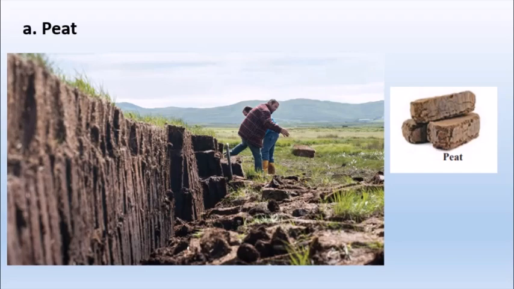Coal has a lot of carbon, but in peat we only have 60% of carbon, and therefore not much heat can be obtained from peat because it has less carbon. But remember that the first step in the formation of coal is peat.